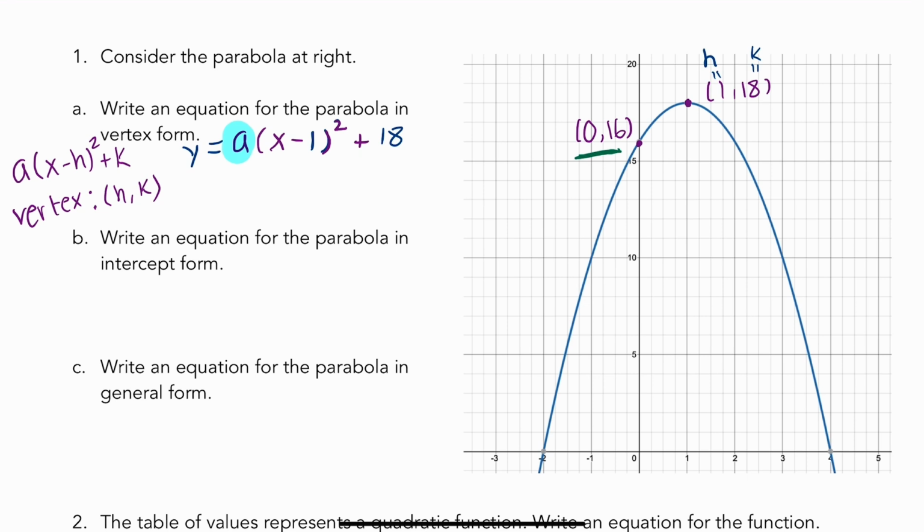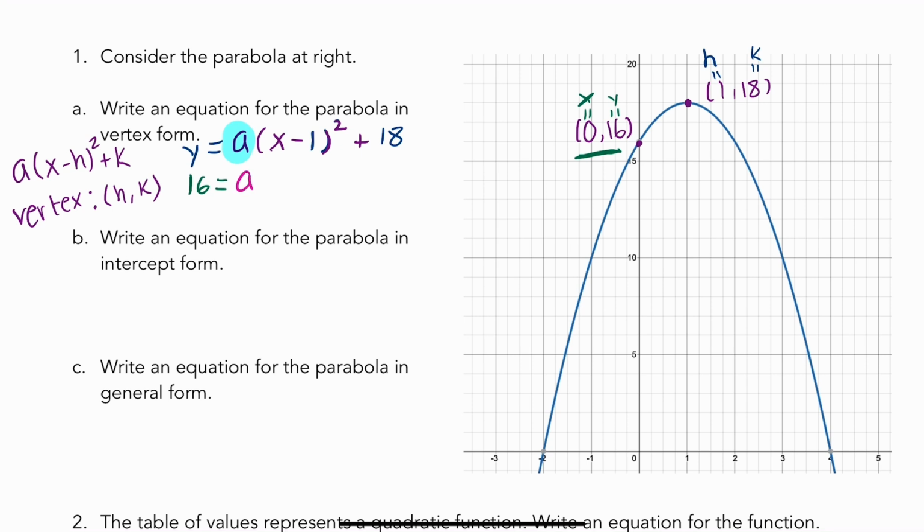The only point I wouldn't use is the vertex, because if you plug in the vertex, you won't be able to find a. So I'm going to set x equal to 0 and y equal to 16.